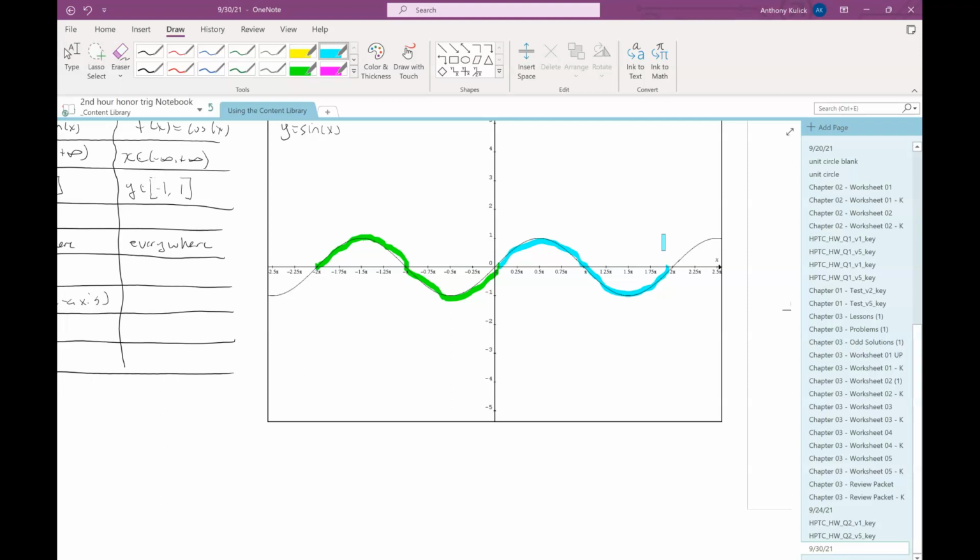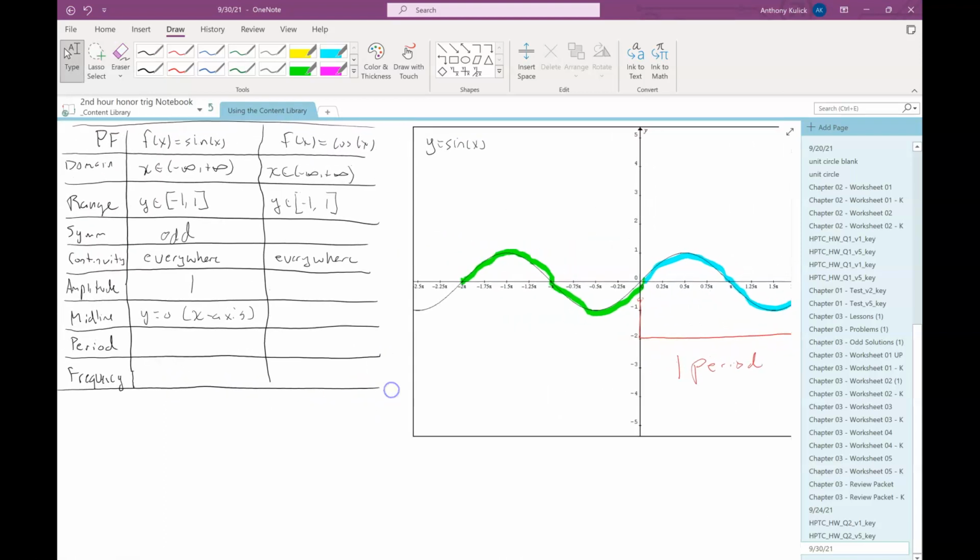The length of one of those non-repeating segments is called a period. For example, this blue section is one period. If we're going from 0 to 2 pi, how long is that? 2 pi, right? So my period is 2 pi.